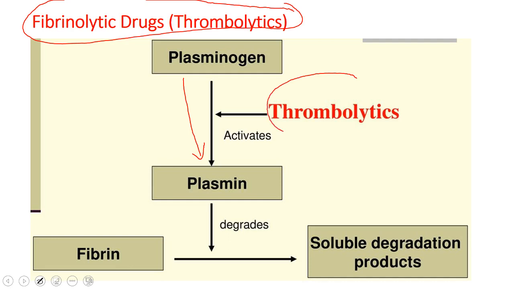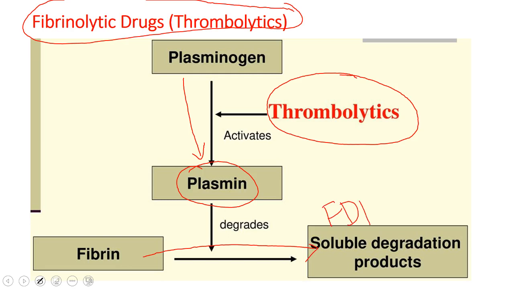So the mechanism of action of all the thrombolytic drugs is to stimulate or activate conversion of plasminogen to plasmin, and this plasmin will degrade the fibrin to FDP, and thereby you achieve thrombolysis.